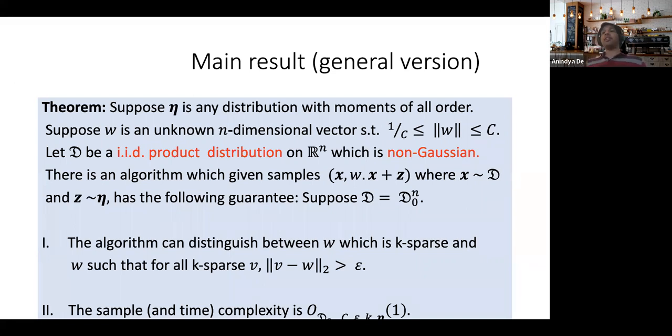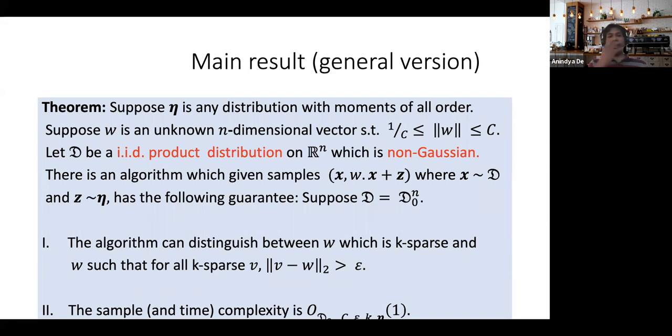But in the general sense, this is what would be required. But for explicit distributions, you will be able to get explicit results. Mostly you will be able to get explicit results. Okay. Any other questions?